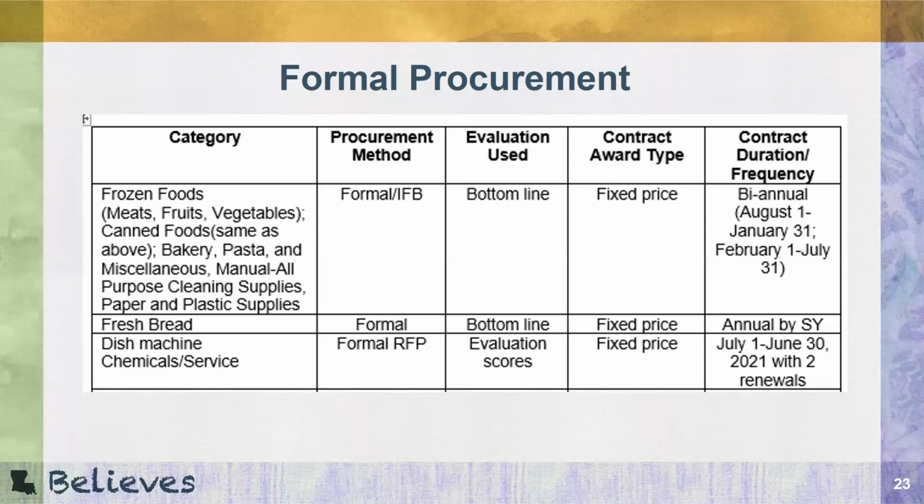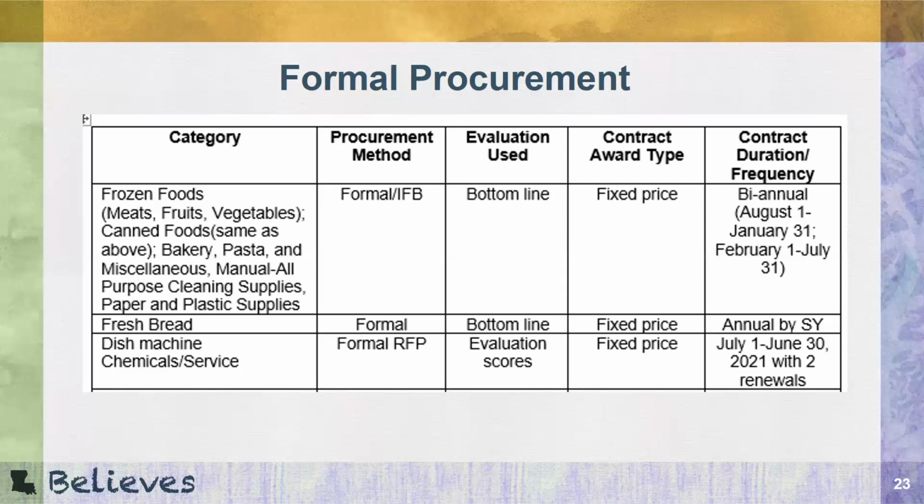Here we put in bottom line pricing. But if you put in bottom line pricing and each vendor has to be able to provide all products, it could be a little bit risky. Especially in the times we're in right now with COVID, there may not be a vendor that carries all of your items.